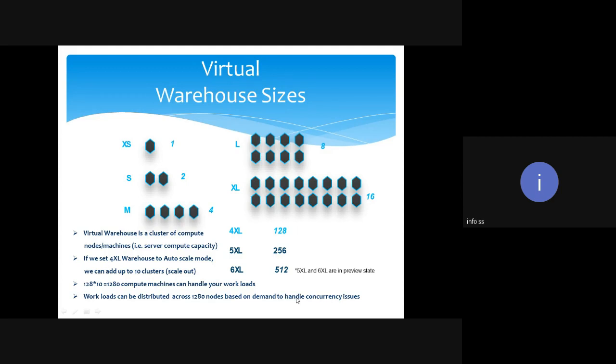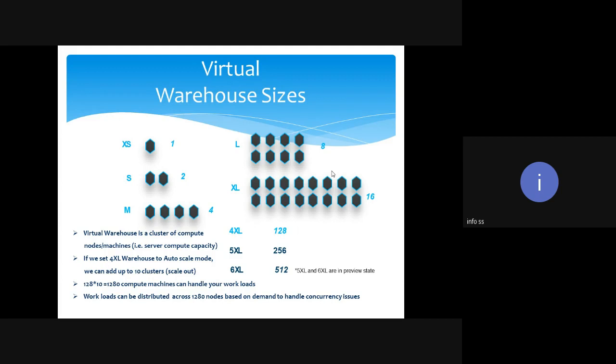Suppose right now I have set my warehouse to auto scale mode, and I selected a 4XL warehouse. It will have 128 compute nodes. Say my workload has gone up, in the sense this particular warehouse is not able to serve this workload. Automatically, Snowflake itself will spin in another cluster with the same 4XL size, and that means it will be 128 into 2, 256 compute nodes acting on your workloads, that is your queries.